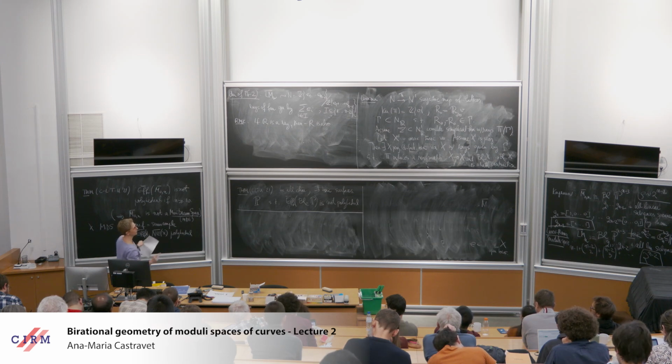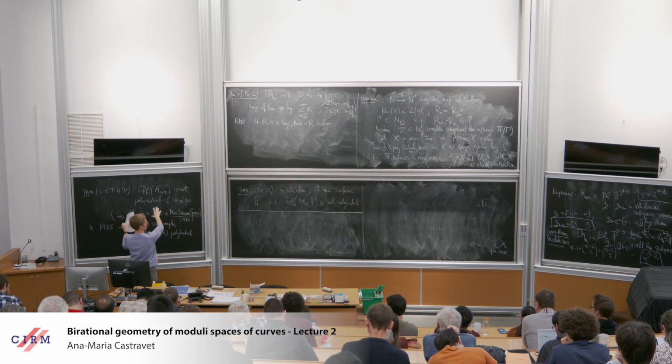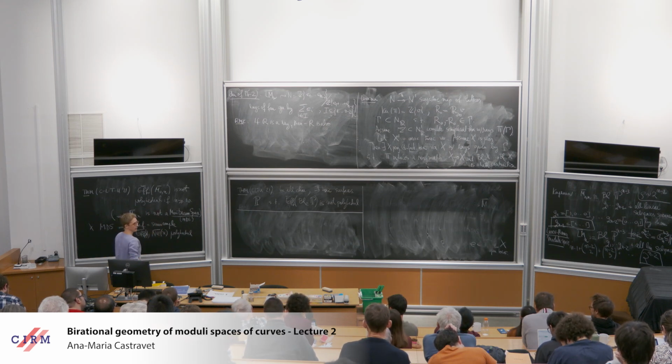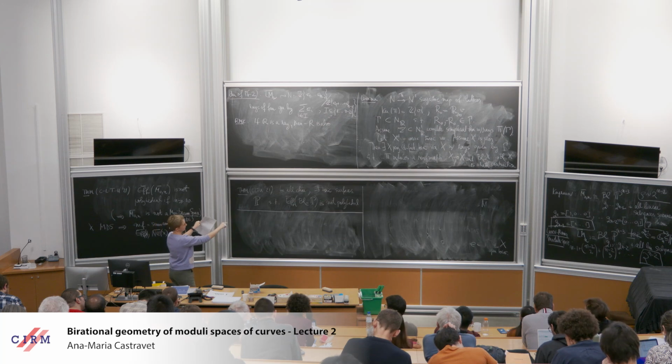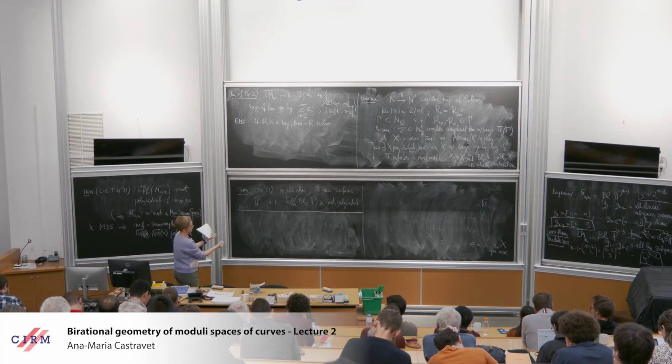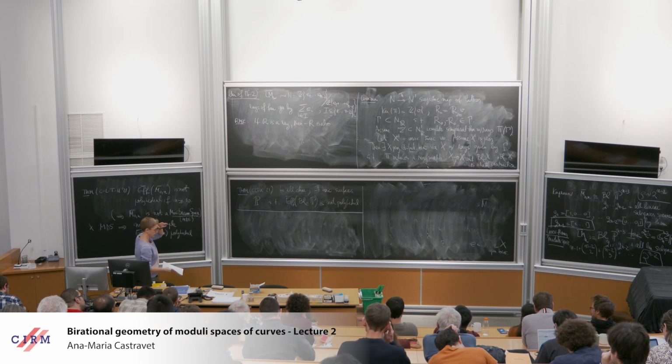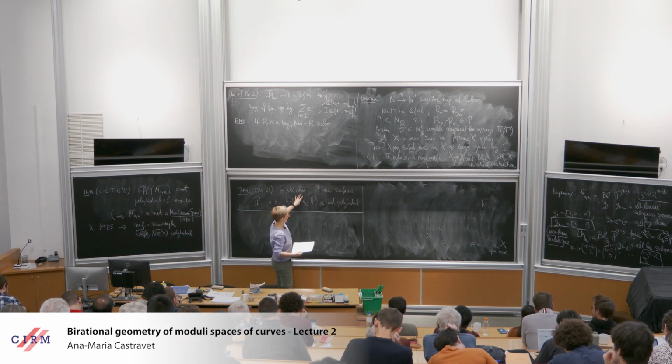But right now, we know that for n sufficiently large, if I know this theorem, I know this: that this is not going to be polyhedral. So now I want to concentrate on this. Let's look at P2 blown up at 9 points, and how can we make this resemble that?